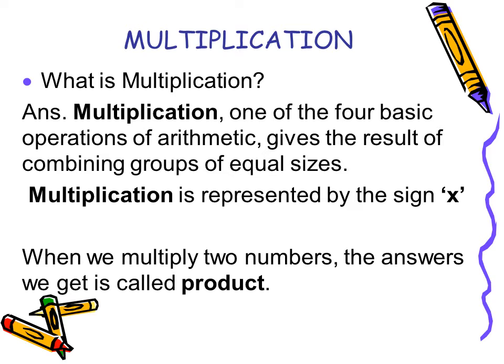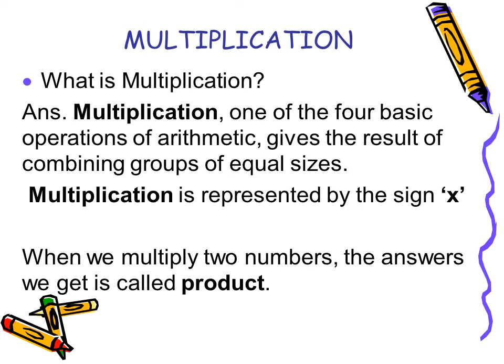Subtraction, 2 digit, single digit, triple digit and vertical, horizontal. Now we come to the third part of arithmetic operations, which is multiplication. Division we will be learning in our later classes.